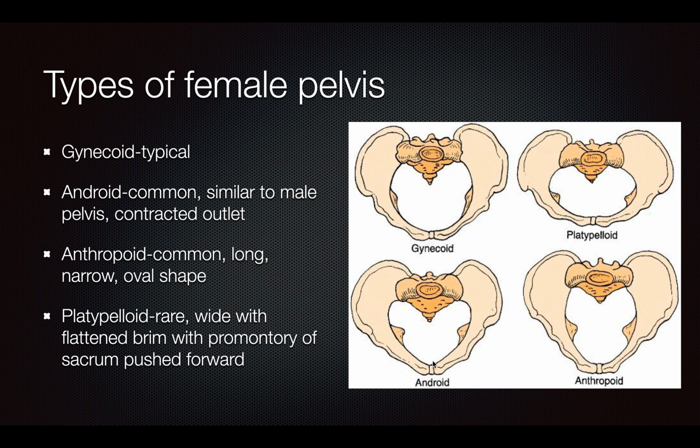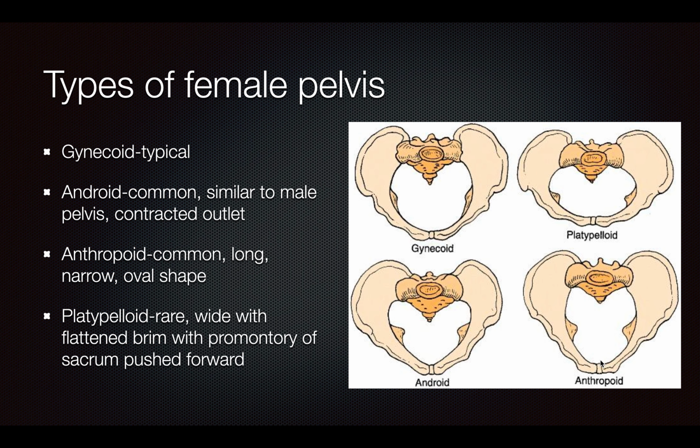The outlet is going to be heart-shaped and rather contracted. This is problematic because it's much more difficult to give birth with this kind of pelvis. The anthropoid is going to be a long, narrow, oval-shaped pelvis, and this is actually pretty common.